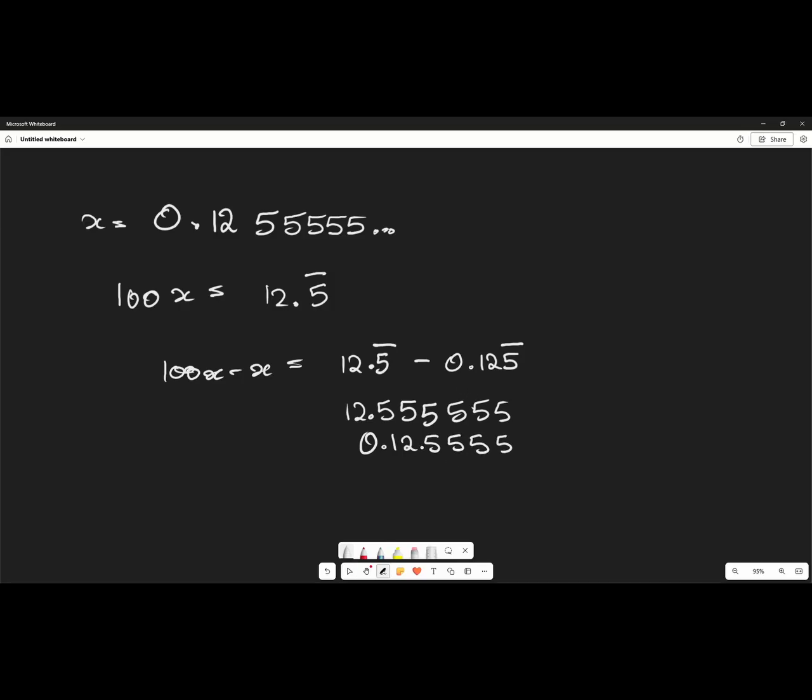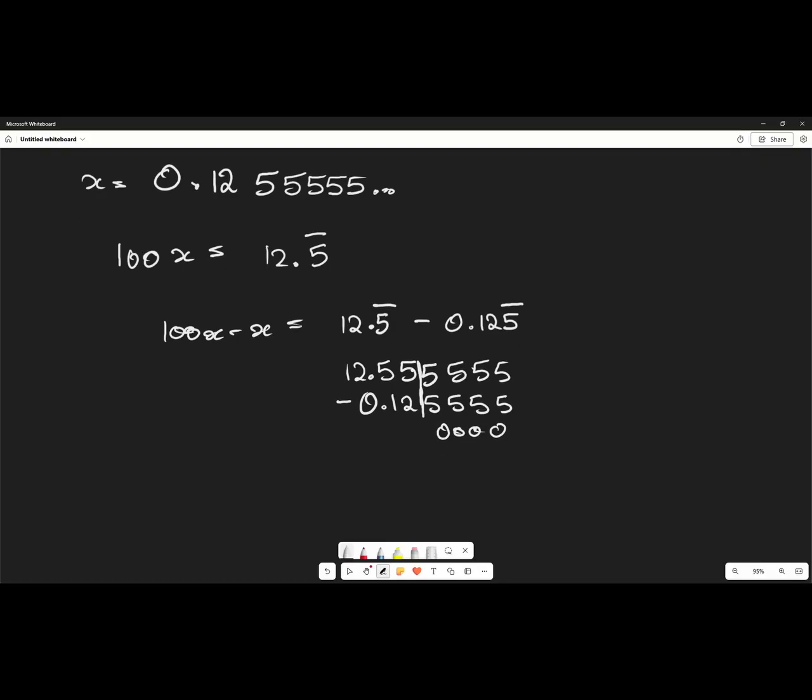After this point here, it's all the same, so this will be 0, 0, 0, 0, 0. 12 minus 0, we will look at that later. First, 5 minus 2 is 3. 5 minus 1 is 4. Now we look at 12 minus 0, which is 12. So 12.43 we get. That is our answer. That is how it is going to be when you're subtracting.